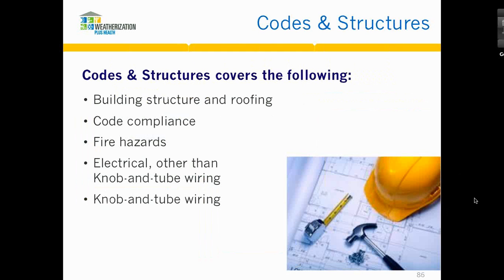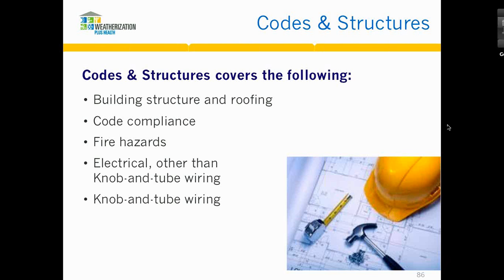Codes and structure covers, we go to these homes, and because we're looking at everything so closely, we find a lot of things that we want to fix, but we're an energy efficiency program, so unfortunately there are some things we have to say we just can't take on, and that's why we need really great partners out there that we can partner with to make these homes weatherization ready.